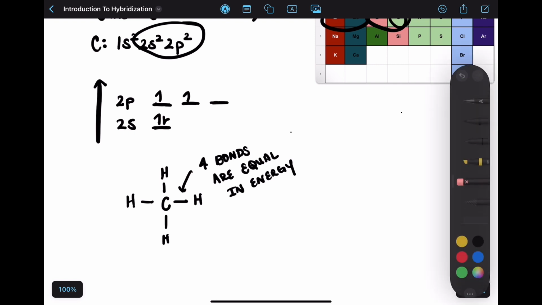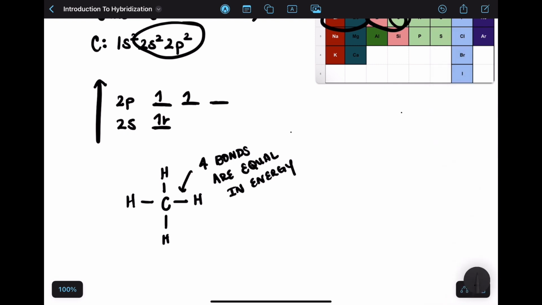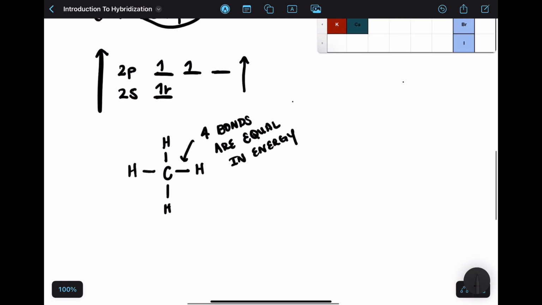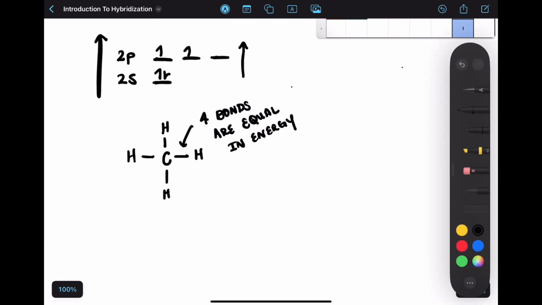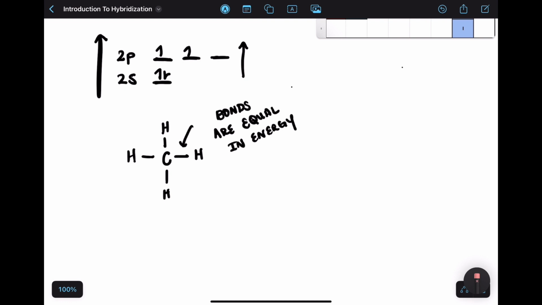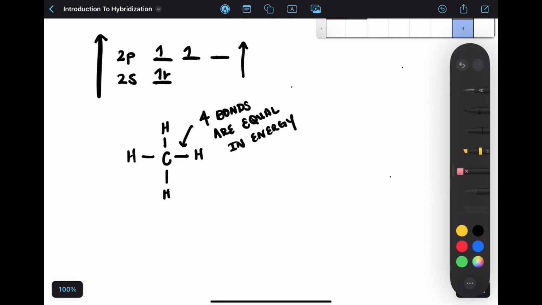Because it's suggesting that the bonds that would form in the p orbitals would be on a higher energy level than the bonds formed in the s orbital. And so this model is not an accurate representation of the way carbon likes to form those 4 bonds in CH4. Right? And so we'll need a new model to account for this.